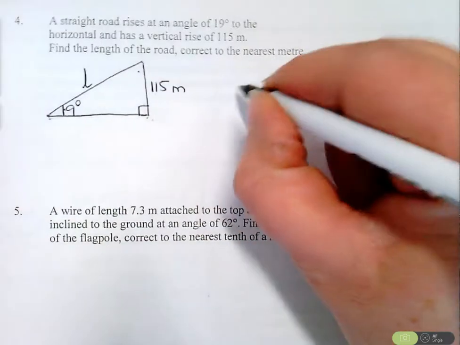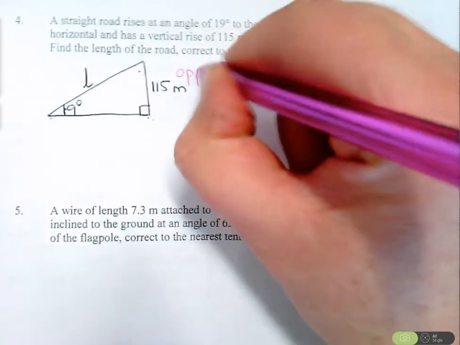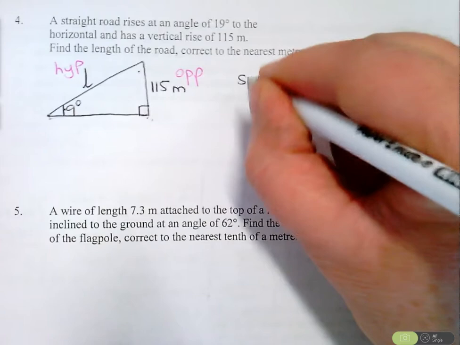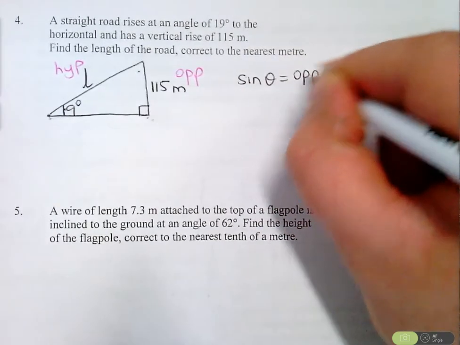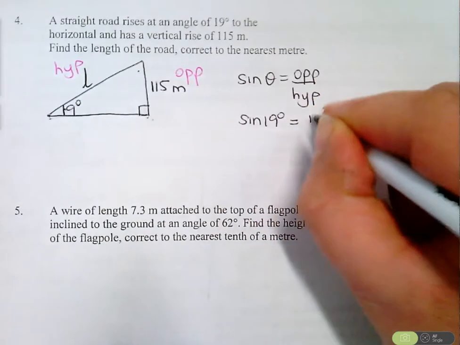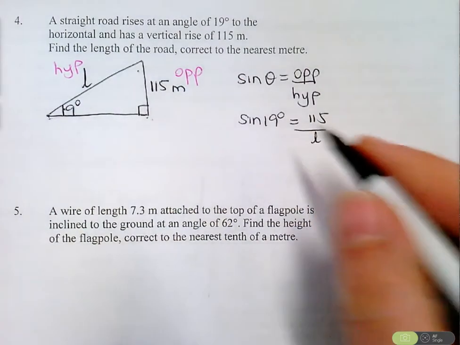So, let's go. What have we got? SOH CAH TOA. Which one? Opposite. Hypotenuse. Shh. Sine theta is opposite over hypotenuse. Sine of 19 is 115 over L. All right, what do I do with this type? L's on the bottom. Warning, warning, warning.